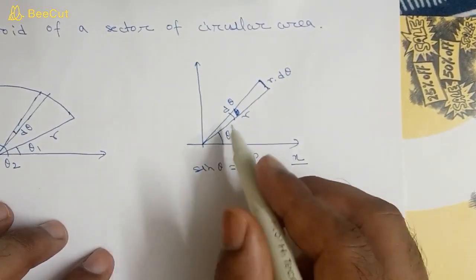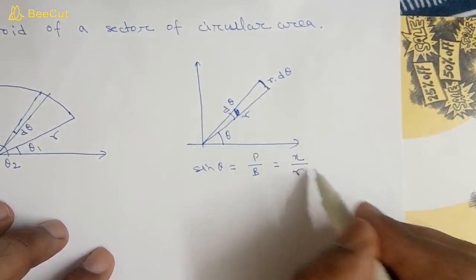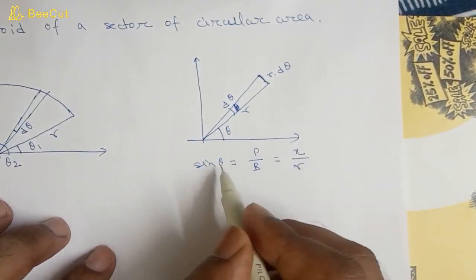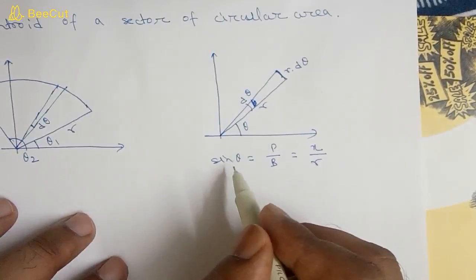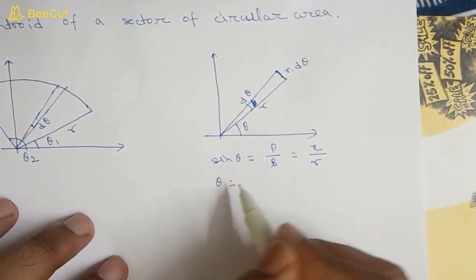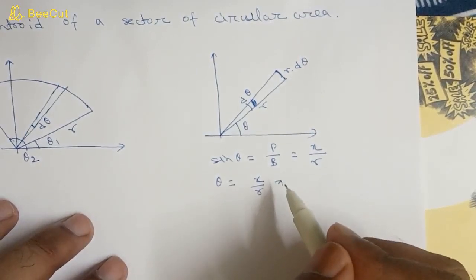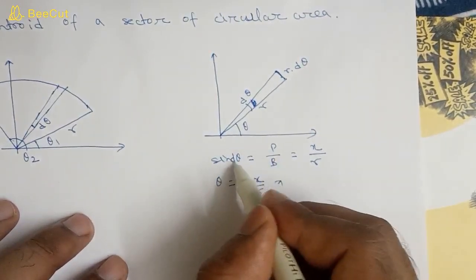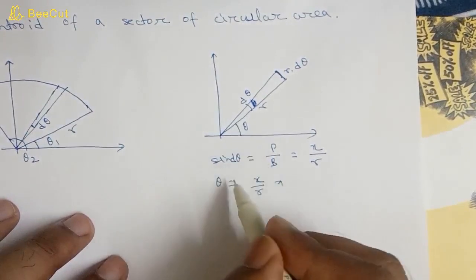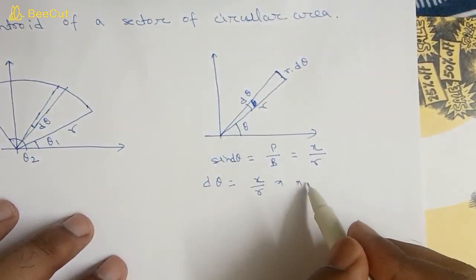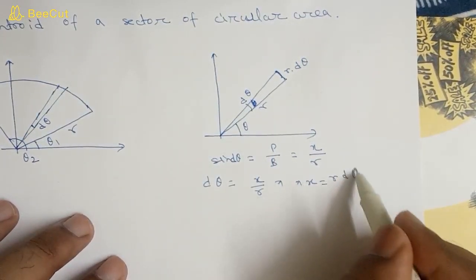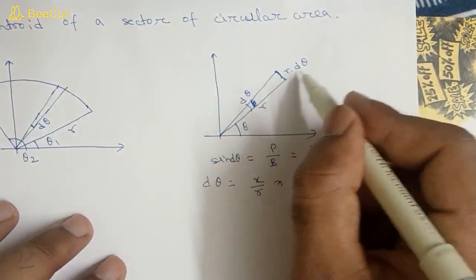X upon base r. For a very small value of theta, we can write sine theta is equal to theta. So sine d theta is equal to d theta, which is equal to x by r. So x is equal to r d theta. We write this value as r d theta.